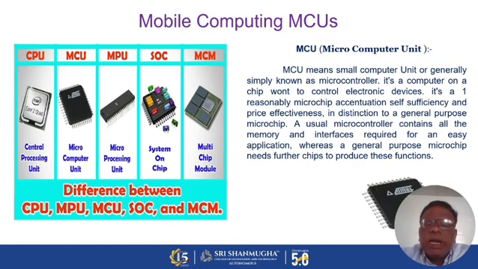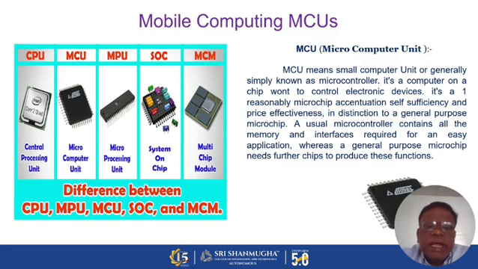One more category is mobile computing MCUs. In the case of mobile computing MCUs, there is a CPU model, MCU model, MPU model, and then SoC and MCM. In the multiple chip model, the previous stages were adopted so that a number of integrated circuits are put together and connected in one single circuit, roughly around 10,000 to 20,000 ICs.